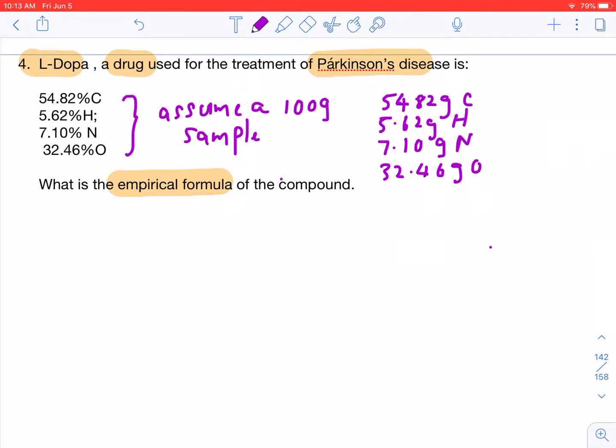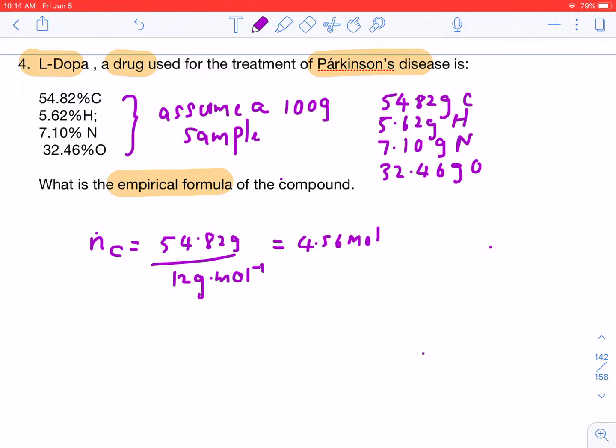Once we have this, we go again through the same routine, and we say, okay, N of carbon would be 54.82 grams all upon 12 grams per mole, and that is equal to 4.56 moles.